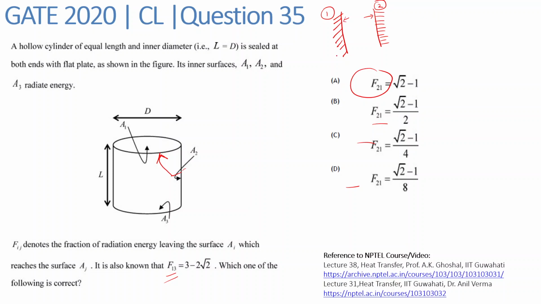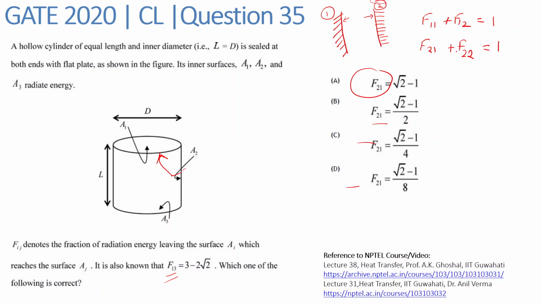If I consider this first surface, then according to the additivity rule you can write F11 plus F12 is equal to 1. Similarly, for the second surface, you can write F21 plus F22 is equal to 1.